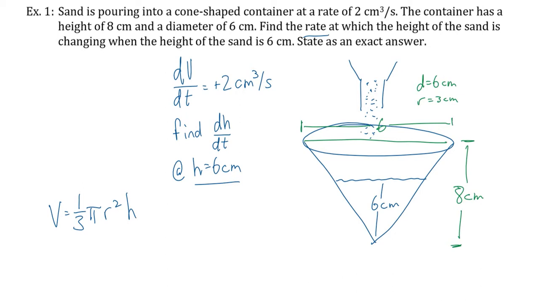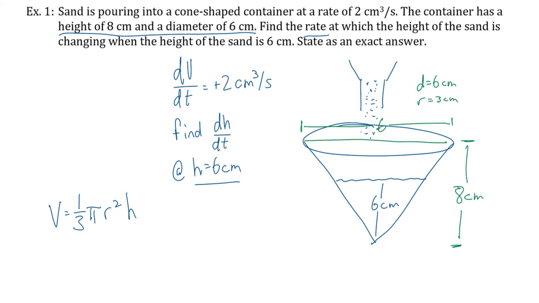So the easiest thing to do, and this is where the total height of the container and diameter of the container that you're given is actually useful information. This is where it comes into play. The first thing you have to realize is if the overall height of the cone is 8 and the diameter is 6, no matter what height you're at, even at this height of sand, which is what we're worried about, which is 6 centimeters, it will be in the same ratio of height to radius.